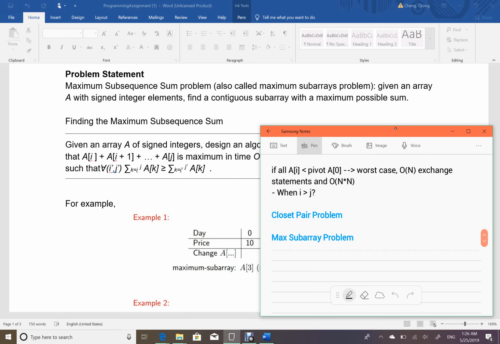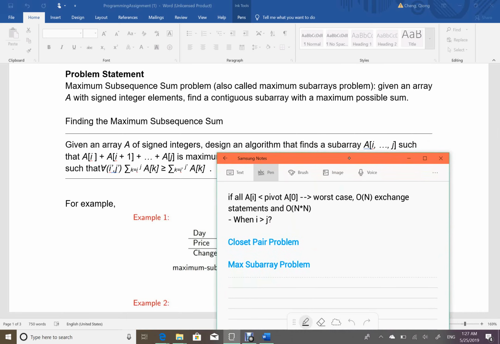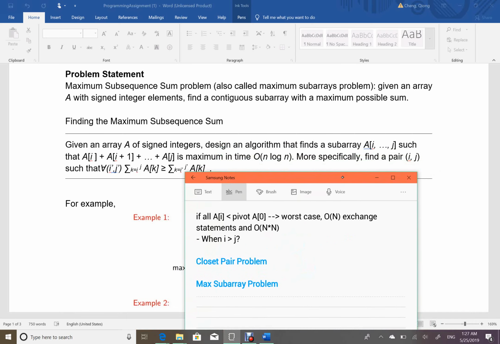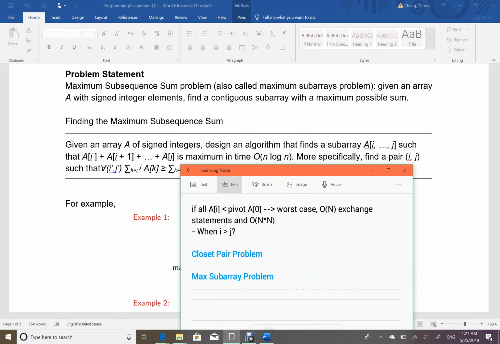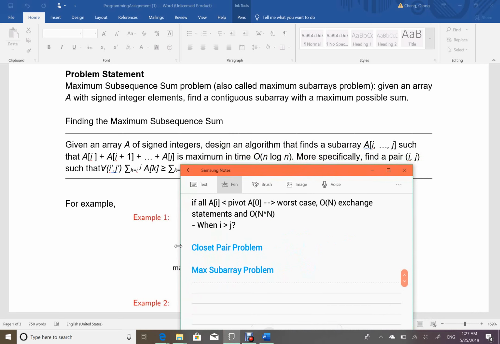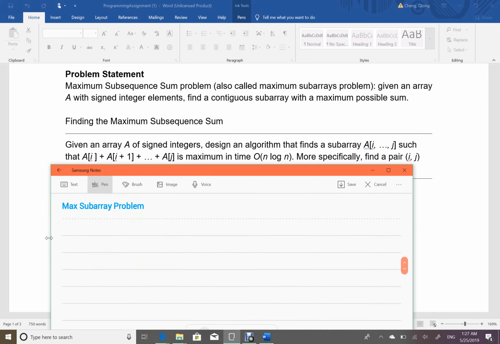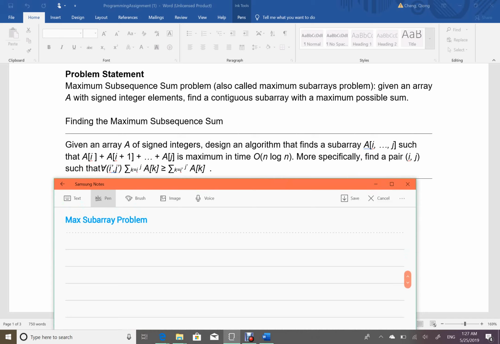Given a sequence of numbers, the background story corresponds to, for example, you have some money and you want to invest your money in the stock market.